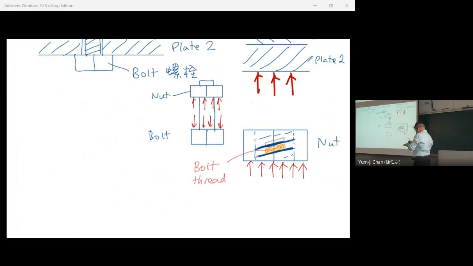Because it has contact on this surface, we can draw a contact force here. If this is tension T, then we have the same force T acting from the bolt to the nut on the thread. So this is what's happening in the bolt and nut.